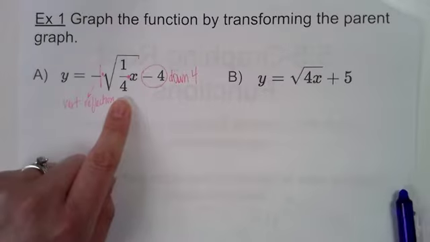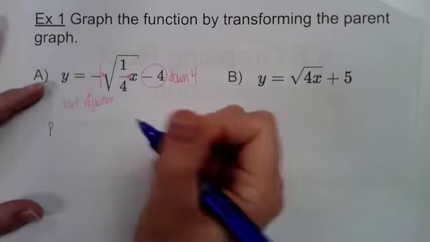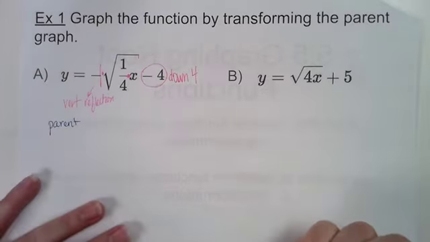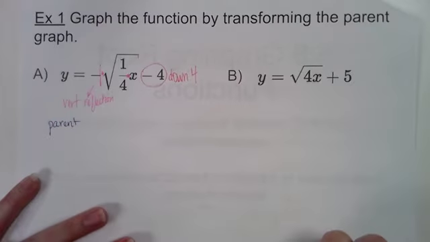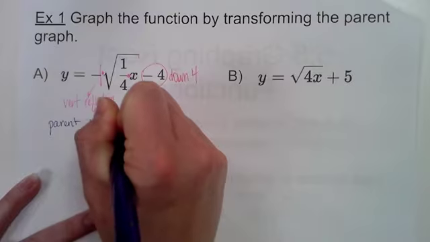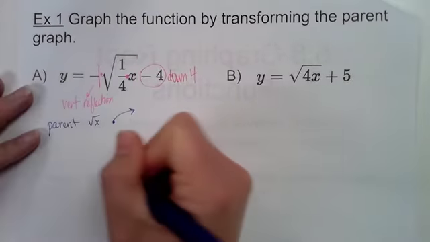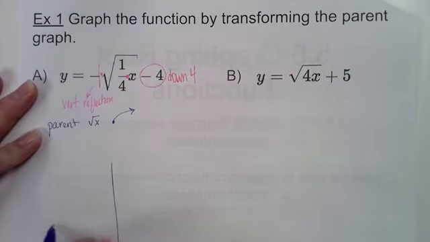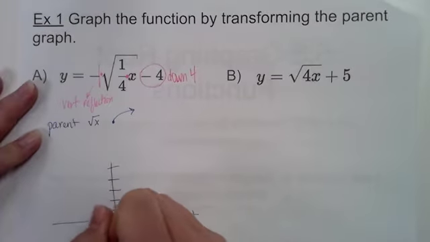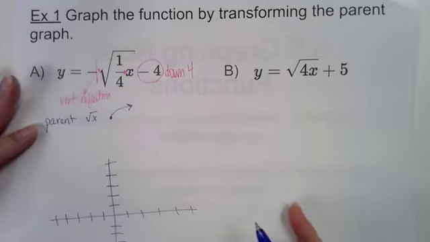So let's start with our parent shape, and I'll talk about what's going on in just a second. What is our parent function here? What is our basic shape? Swoop. Yes, it is the square root of x swoop graph. So let's start by making a little sketch of that. 1, 2, 3, 4, 5, on each axis.